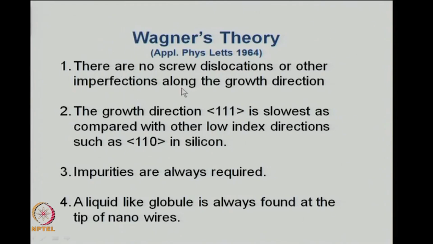So, this is a key point where it differs from the other growth mechanisms where edge dislocations or defects or screw dislocations are required. The other thing is that the growth direction 111 is slowest in silicon as compared with other low index directions such as 110, and this has been explained by Wagner: the growth is slowest along the 111 direction.